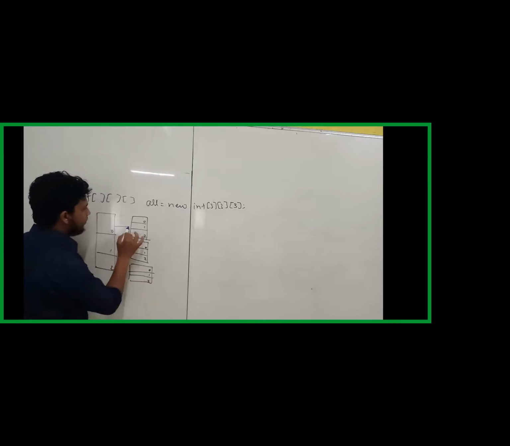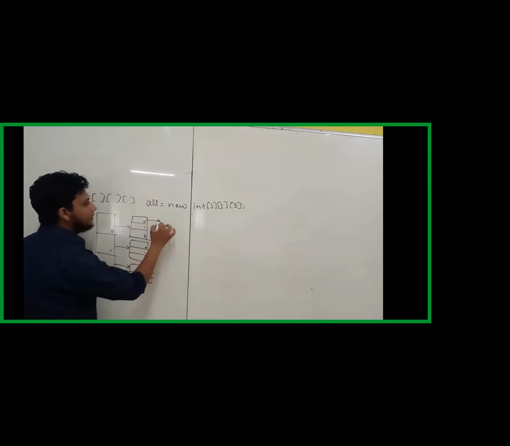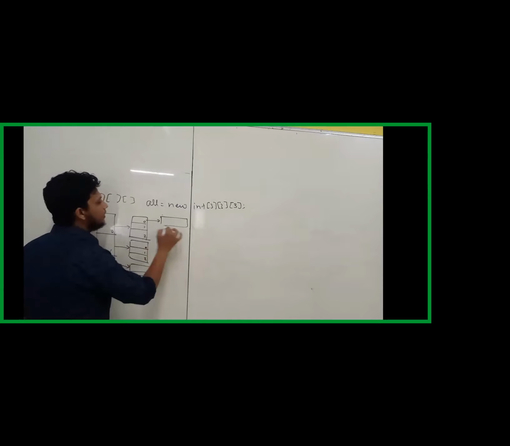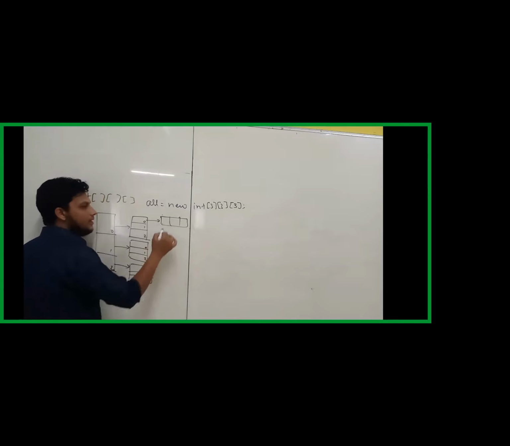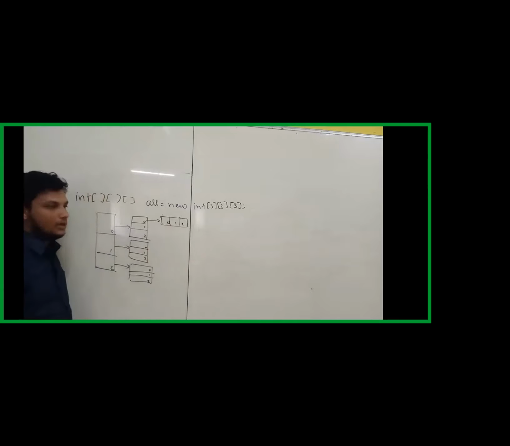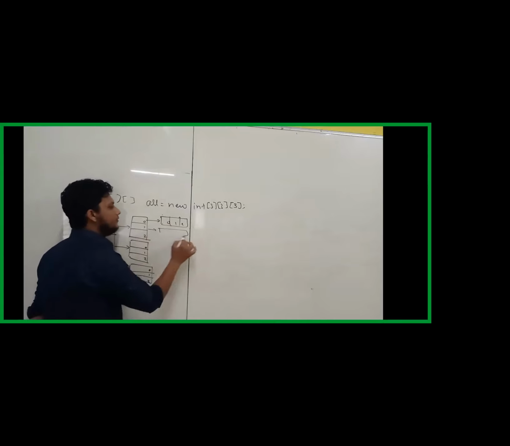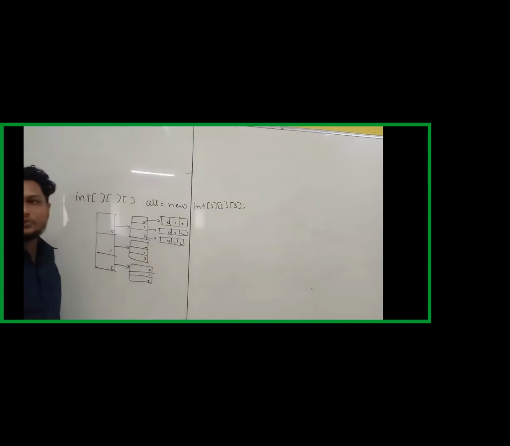This will represent this one, this will represent this one, this will represent this one. And inside this, again 3 values will come, 0, 1 and 2, like this. Again in this one, 0, 1 and 2, and this one again 0, 1 and 2. Like this, the data is going to be stored in a three-dimensional matrix. Okay, now how do we identify this one?